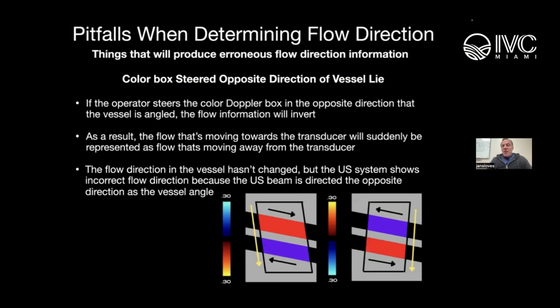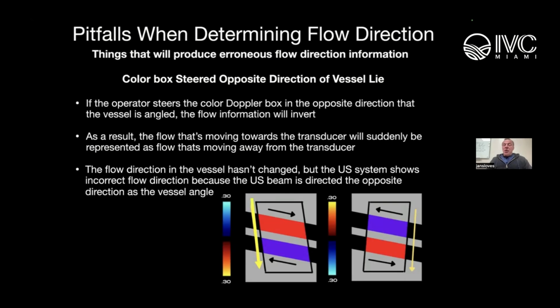As a result, flow that's moving towards the transducer will suddenly be represented as flow moving away from the transducer. The flow direction in the vessel hasn't changed, but the ultrasound system shows incorrect flow direction because the ultrasound beam is directed the opposite direction to the vessel angle.